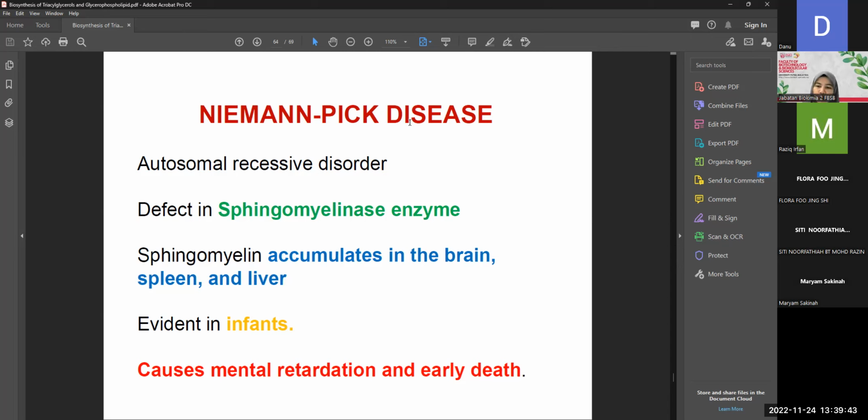When sphingomyelin cannot be degraded, it accumulates in a very high, uncontrolled concentration in the brain, spleen, and liver. The symptoms related to this accumulation can be seen in infants or kids, and it leads to mental retardation and early death.